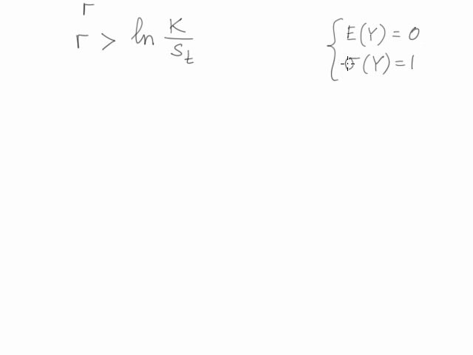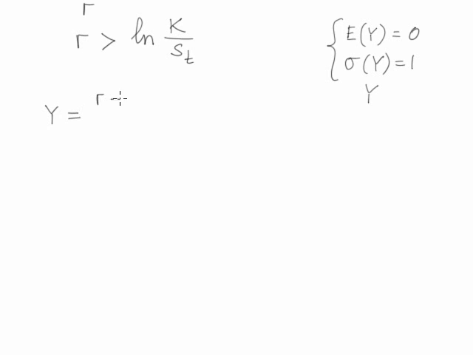This variable y is going to be easier to work with. We can arrive at this normally distributed variable y with expectation value 0 and standard deviation 1 in the following way.